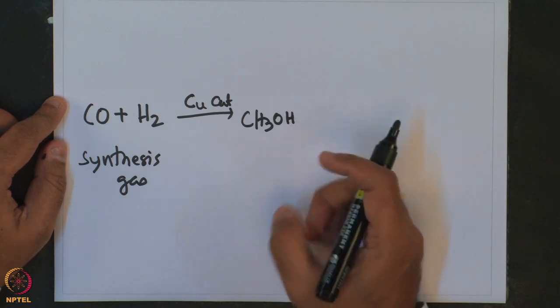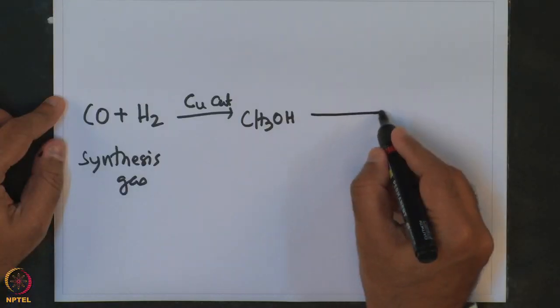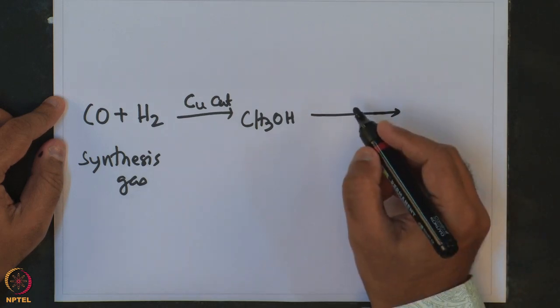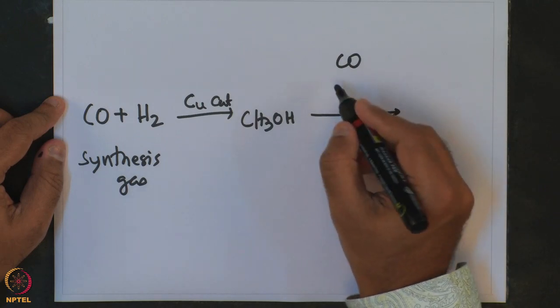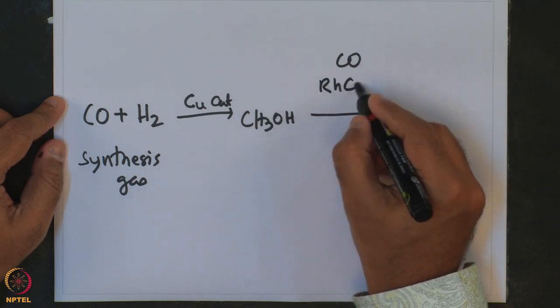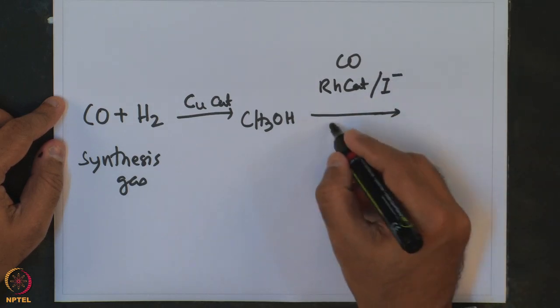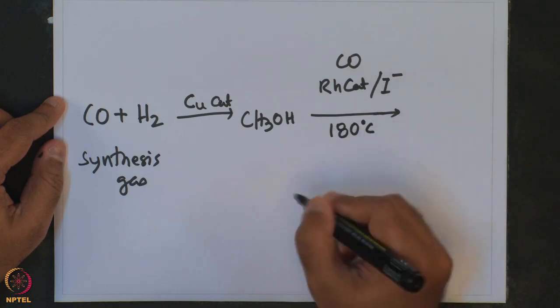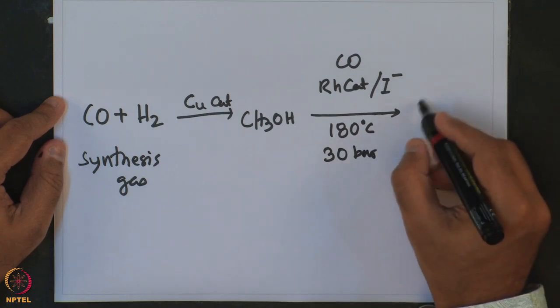So, this is an example of Fischer-Tropsch synthesis, that under copper catalyst CO and hydrogen produces methanol, and then upon reaction with carbon monoxide, rhodium catalyst and presence of iodide at 180 degree centigrade and 30 bar of pressure produces acetic acid.